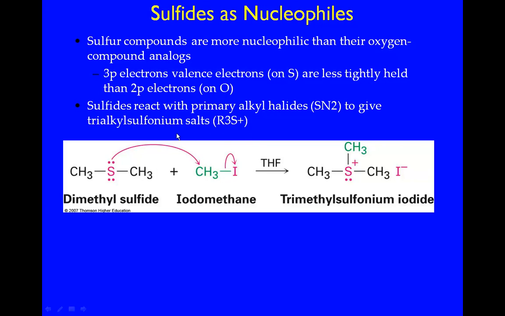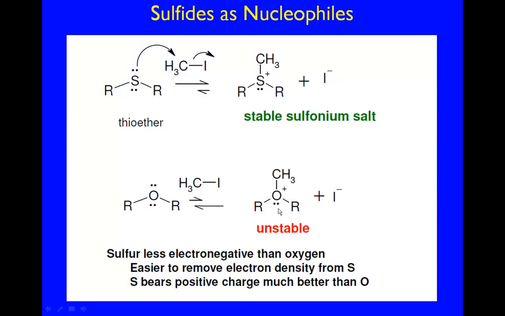And ethers, we didn't see this kind of chemistry there, but here sulfides act as nucleophiles, and they can alkylate themselves by substitution reactions, and as a result you make sulfonium ions, sulfonium salts. Whereas in the ether case, these salts are not very stable, so you don't see alkylation of diethyl ether, but you see alkylation of sulfur giving stable sulfonium salts.